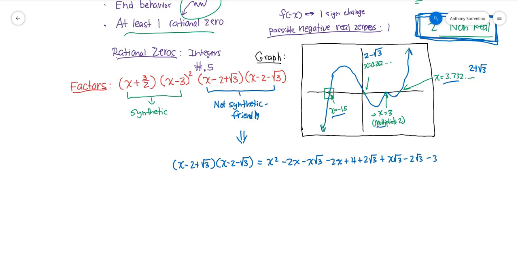So if I take each term of the first quantity and multiply it to each term of the second, I would get these.